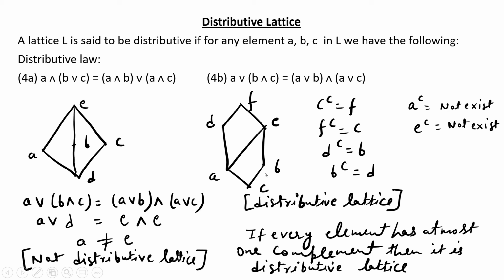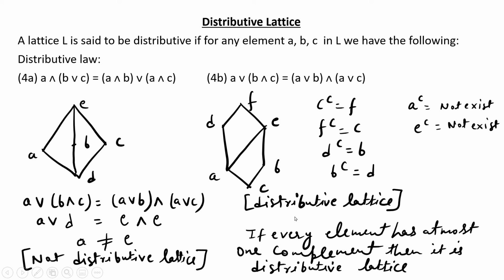Then we have this lattice. So this is a distributive lattice. You can verify this by applying the distributive law on all the elements, but it is not a practical way. So if every element has at most one complement, then it is a distributive lattice.